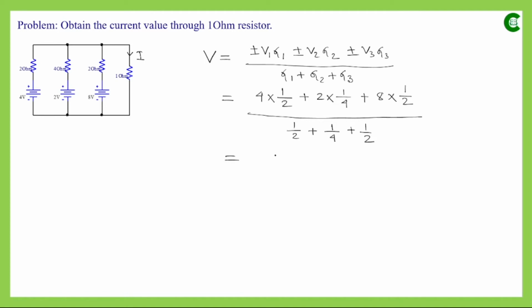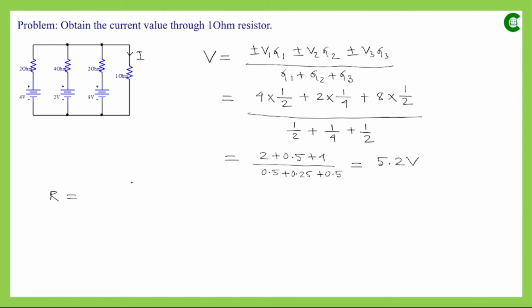Simply it will be 2 plus 0.5 plus 4, and in the denominator we will have 0.5 plus 0.25 plus 0.5. If we simplify this further, we finally get the voltage of the equivalent voltage source as 5.2 volt. Now in the next step we have to find the equivalent resistance value.